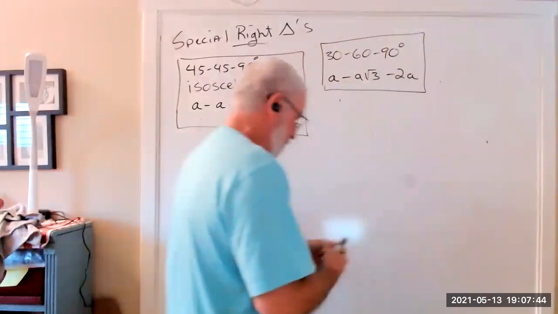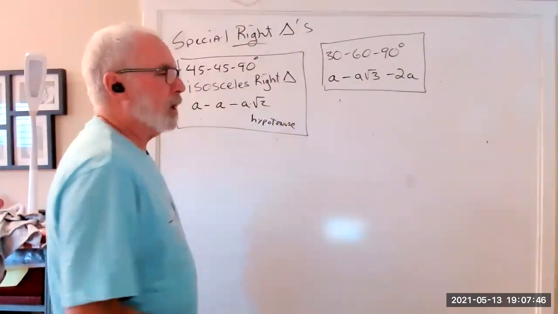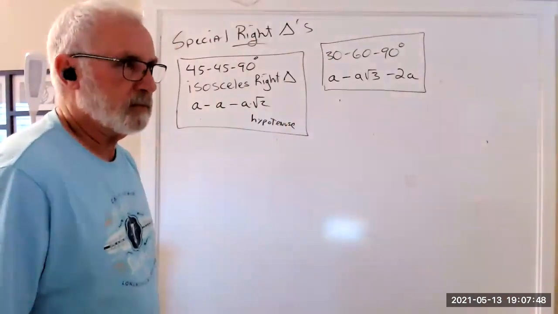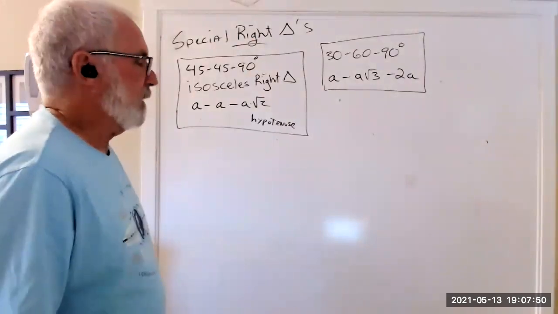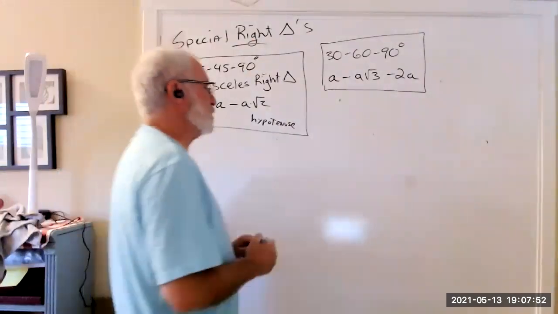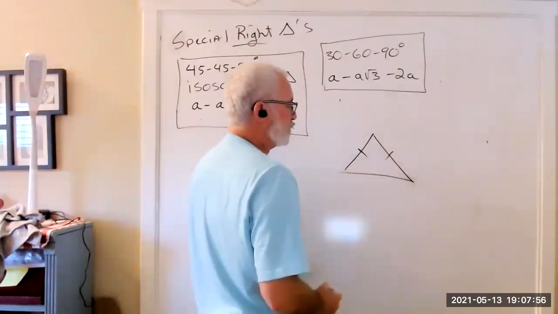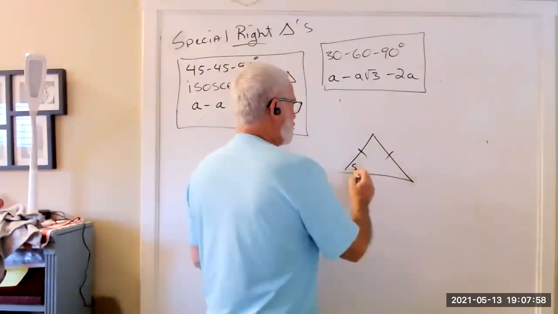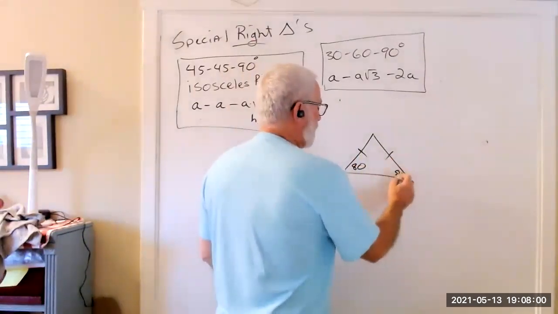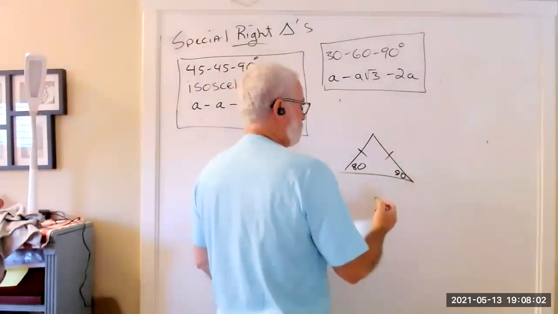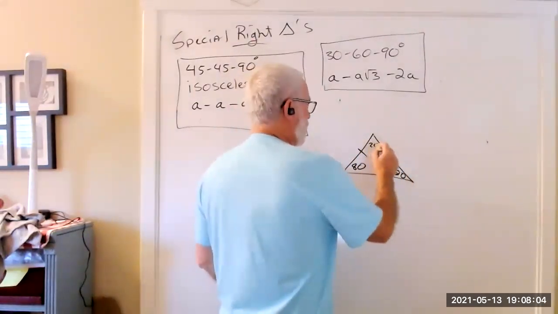Does this one have a name? Like the other one was called isosceles? No, it doesn't. The word isosceles is for any triangle. If two sides are the same, it turns out this could be 80 and this could be 80 and this could be 20.